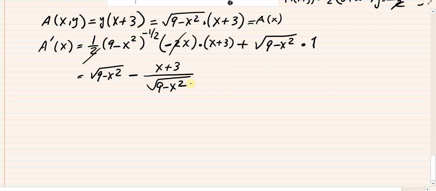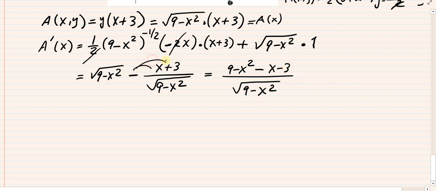Now we need to combine these into 1, so the LCD is the square root of 9 minus x squared. So I'm going to multiply this fraction top and bottom by this square root so I can combine them. When you multiply top and bottom by the square root of 9 minus x squared, in the numerator we just get 9 minus x squared, because it's being multiplied by itself, minus x minus 3. Distribute the sign over.